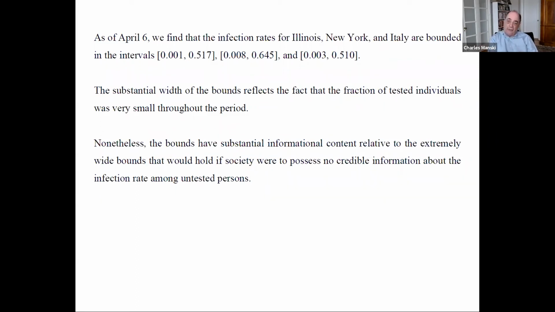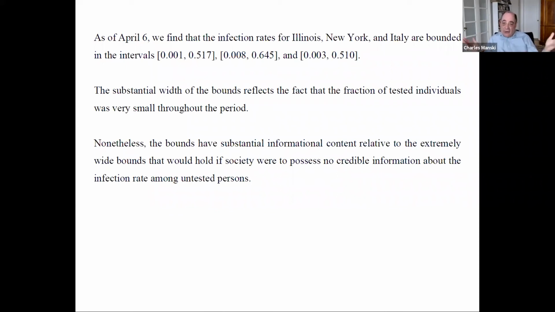And what you can get from those assumptions formally, just by going through the simple equations and then plugging in the numbers that I just talked about, is bounds on the actual infection rate as opposed to the reported infection rate in Illinois, New York, and Italy. It really is sort of half full and half empty, because these bounds basically have a width of around 0.5.